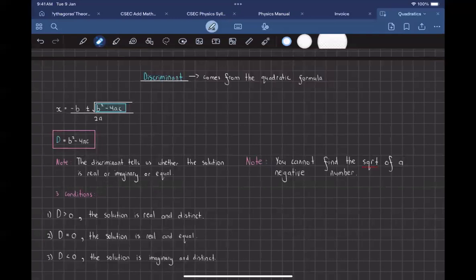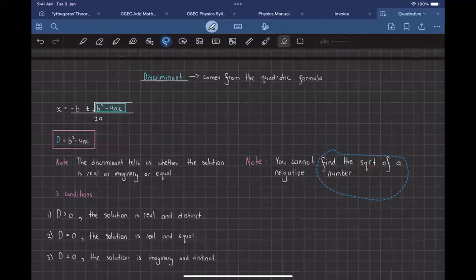So, Aliyah, what is the formula for the discriminant? b squared minus 4ac. And where does that come from? The quadratic formula. Right. Where is b squared minus 4ac located in the quadratic formula?